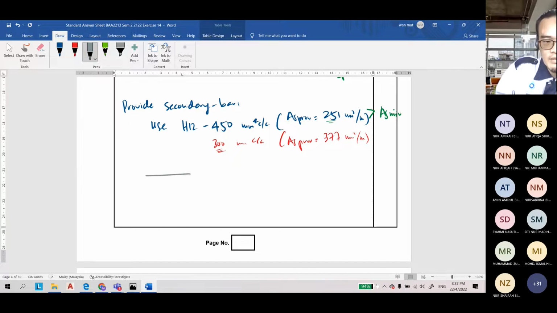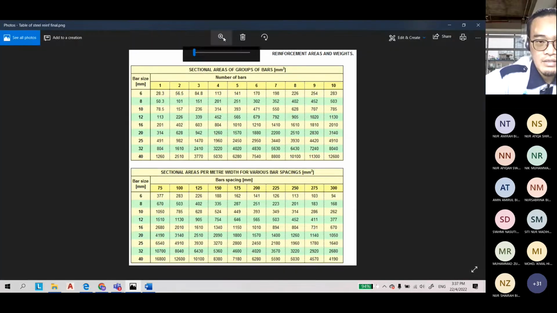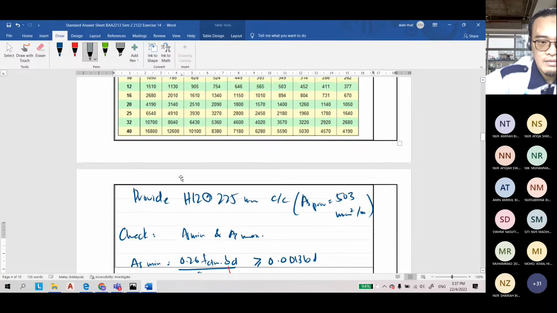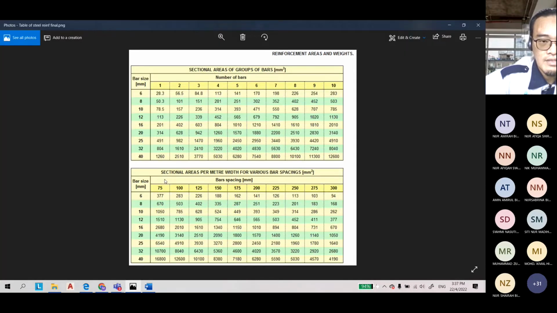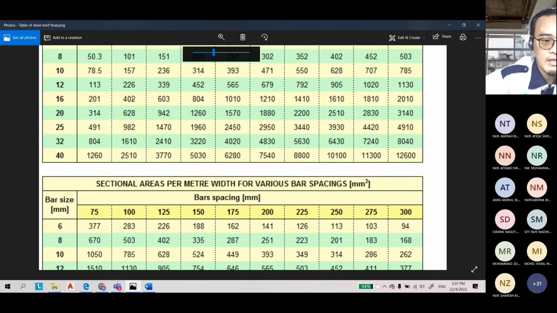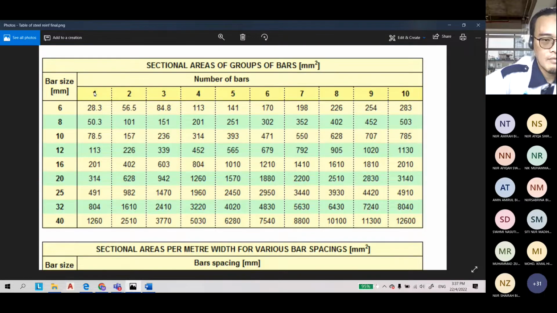You refer to this table: for 1 bar of 12 mm diameter, what is the value of As for 1 bar?